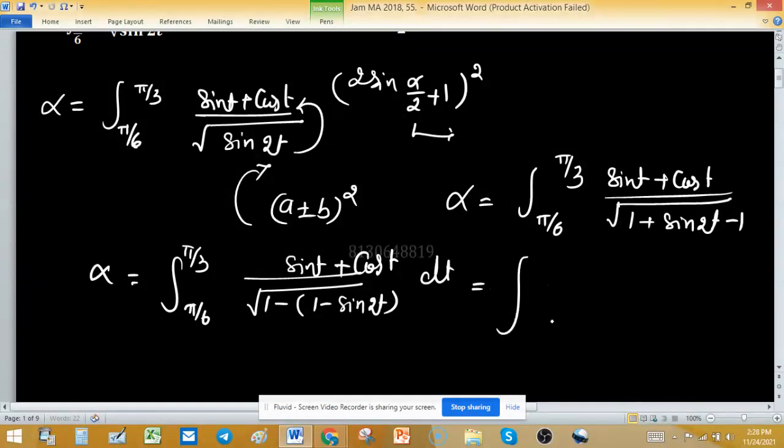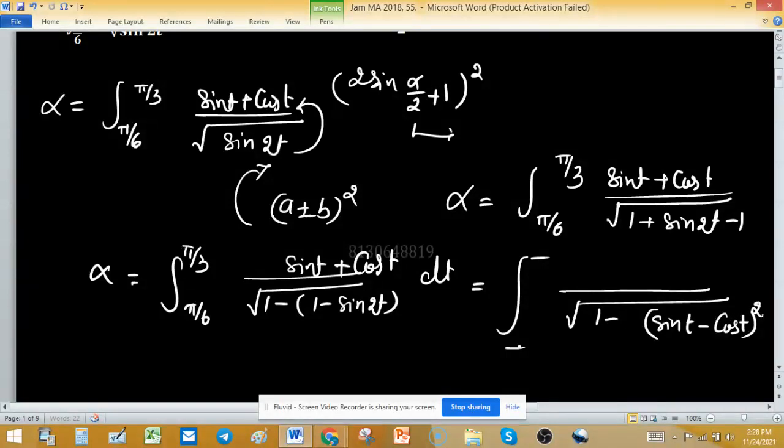and use the trigonometric identity for 1 and sine 2t. Using the trigonometric identity I can write, this is the lower limit and this is the upper limit, and the numerator part is the same. In the denominator, 1 minus, I can write sine t minus cos t whole square using the trigonometric identity, because sine square t plus cos square t equal to 1, and sine 2t can be written as 2 sine t cos t.